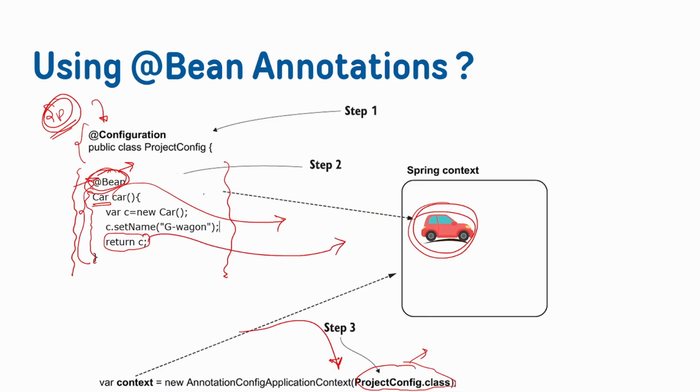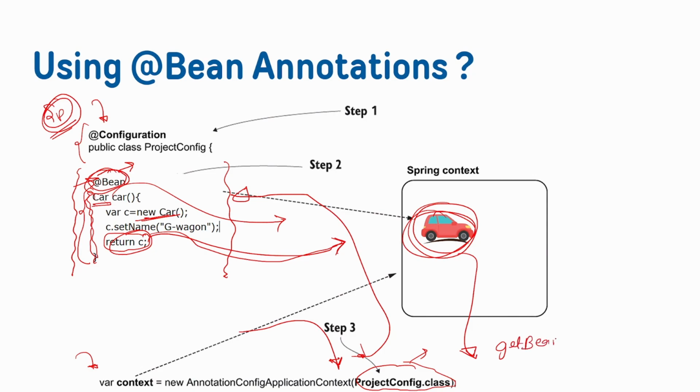So it goes to this configuration class, sees the method annotated with bean, creates the new instance of our class and returns it, and this returned object instance is added to the Spring context. Now we can get this instance using the getBean method, and here we pass our class name, Car.class.